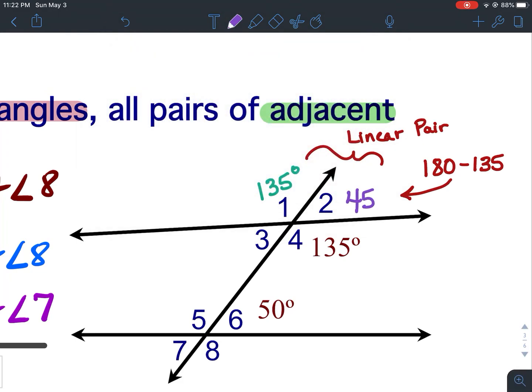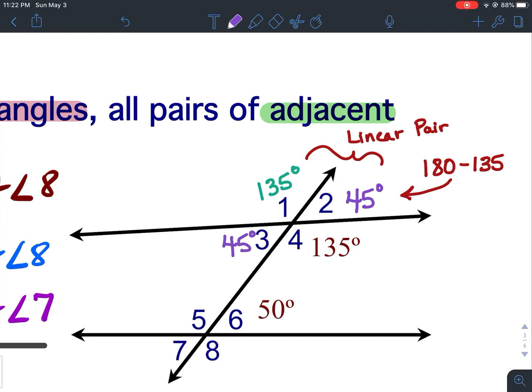So angle 2 is 45 degrees. Well, angle 2 and angle 3, they are vertical angles. The only thing they share is a vertex. Vertical angles are congruent, so they're across from one another. If angle 2 is 45 degrees, then angle 3 is 45 degrees.